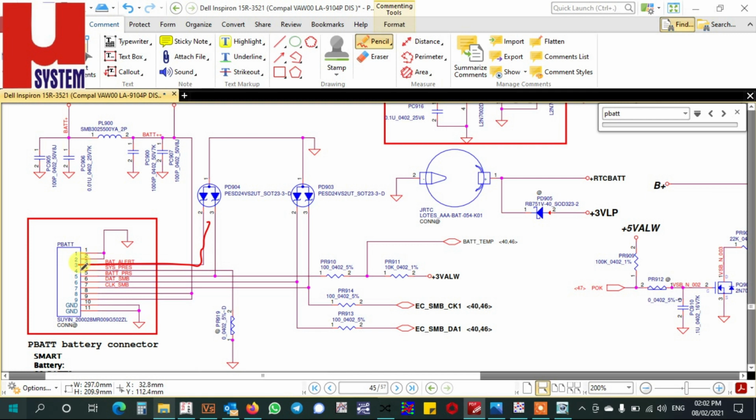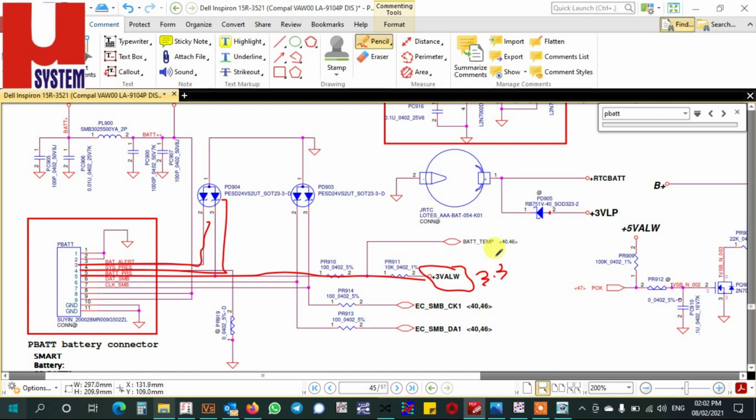This 4 number pin shows system present, which is connected with some diode. This is pin number 5, which is connected with 3.3 ALW. This is an always supply, which is 3.3 we are getting over here.